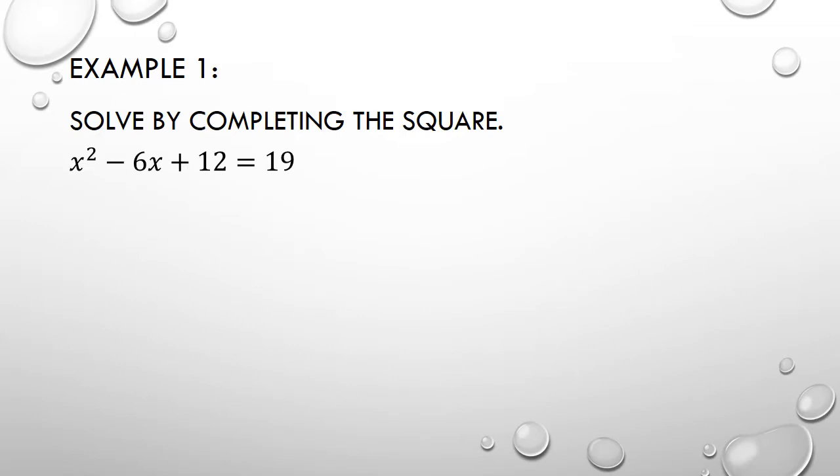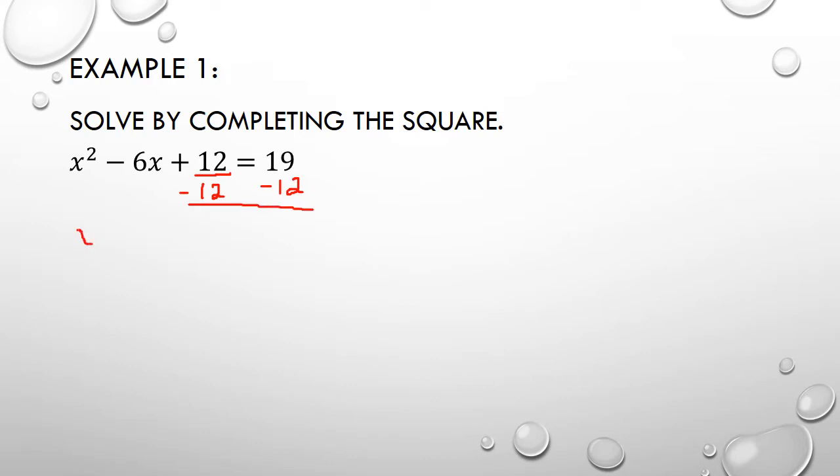So the first thing we're going to do, as you remember, whenever we were factoring, we wanted to set it equal to 0. But on completing the square, the first thing we want to do is get rid of this c value. So we want to get rid of that plus 12. Because it's a plus 12, we're going to subtract 12 on both sides.